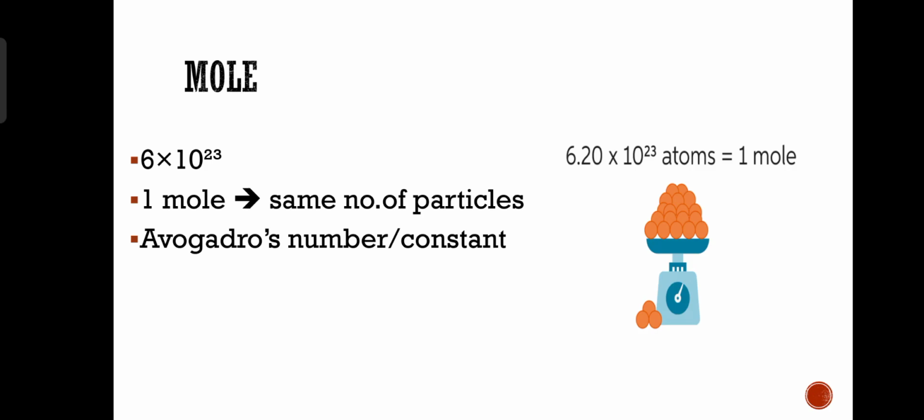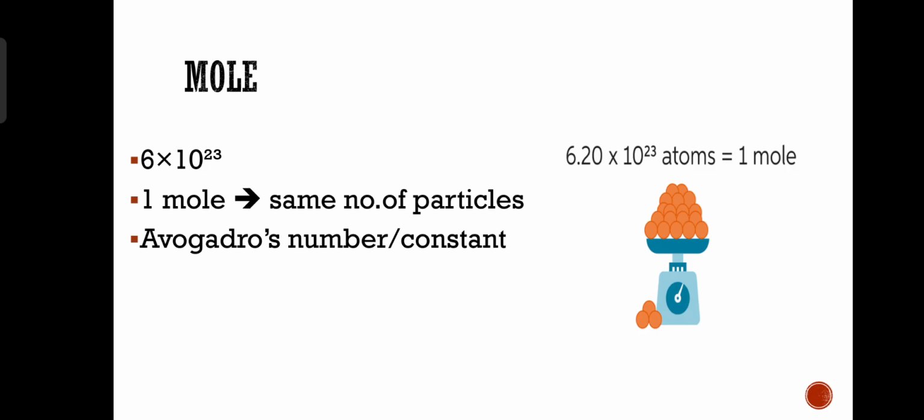If you buy some drink, you will buy that drink in 1 liter or 2 liter. So you are using the unit liter. If you are going to buy something that is counted as dozens, then you will use the unit dozen.